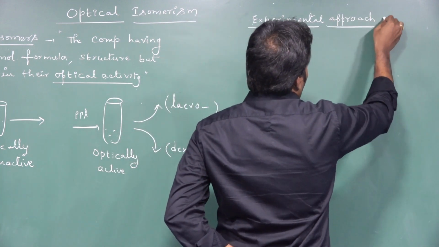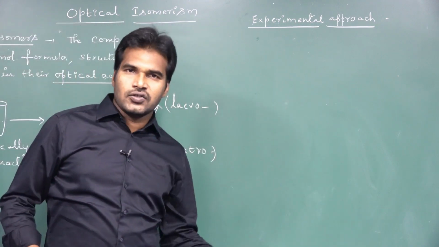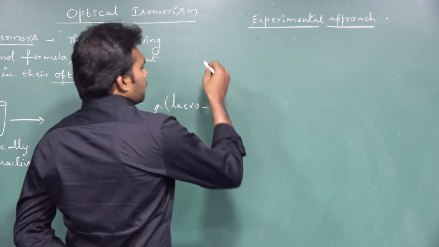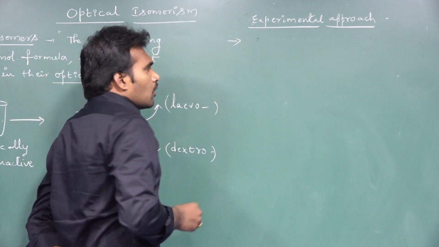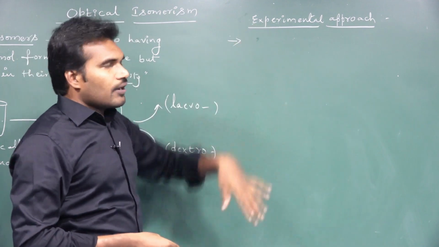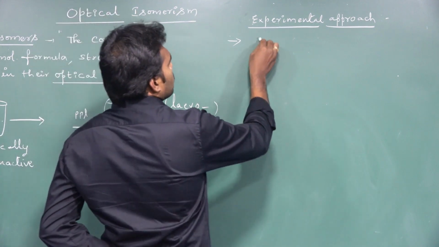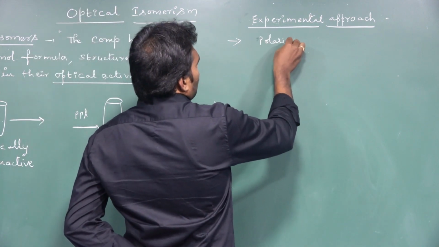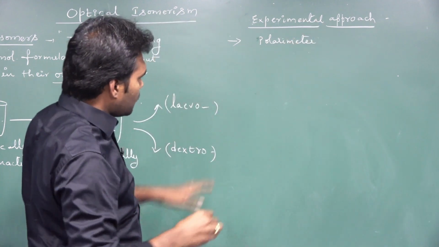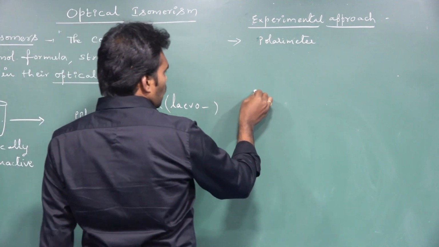So by doing an experiment, how can we distinguish compounds into optically active and inactive? Let us see. In this experimental approach, the instrument that we use to distinguish this, we call it what? Polarimeter. So in this polarimeter, if you see the structure, there is a light source.